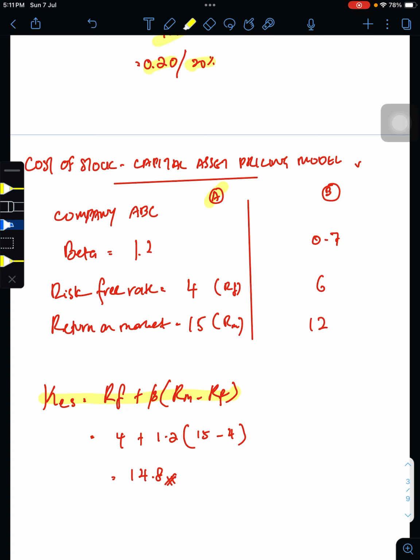Here your risk-free rate is given, which is 4. Your beta is 1.2, your return from market is 15, and your risk-free rate again is 4%. So you just fill in the numbers here. You should get 14.8 as your final answer. Please attempt part B.